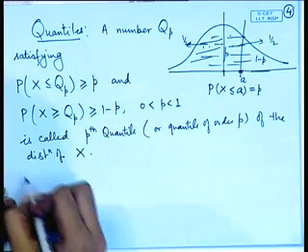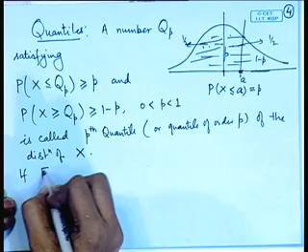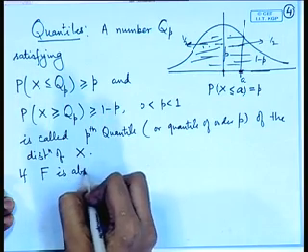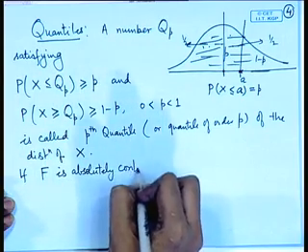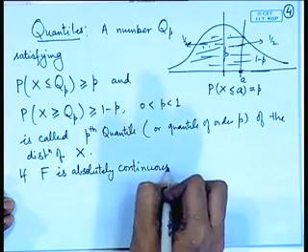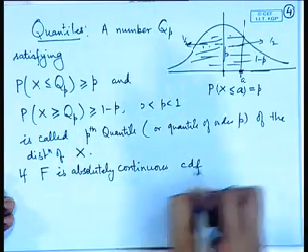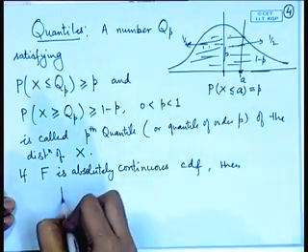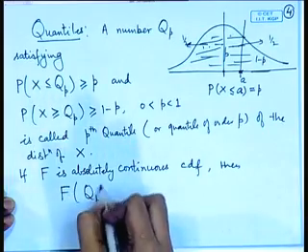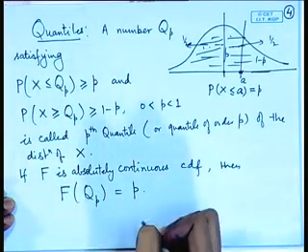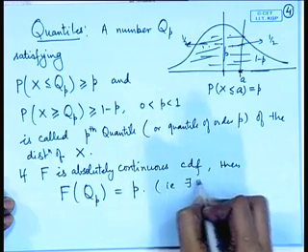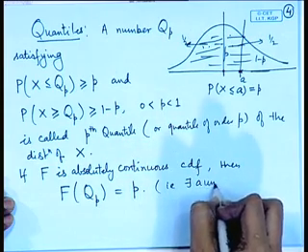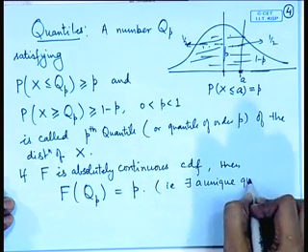So, obviously, if F is an absolutely continuous distribution function, then you will have F of Q_p is equal to p. That is, there will be a unique quantile.